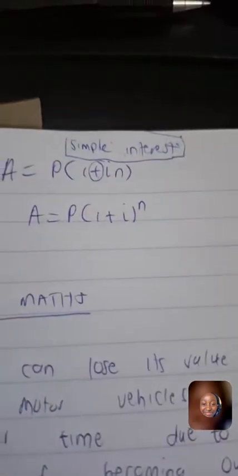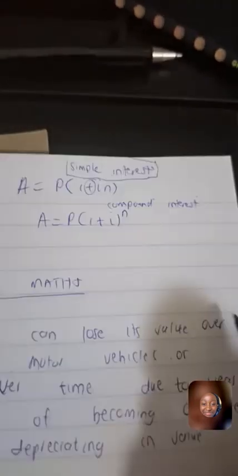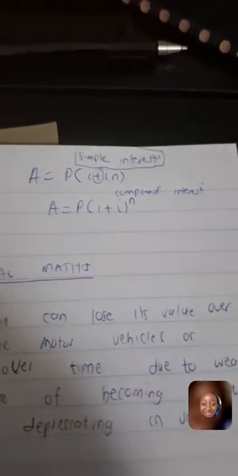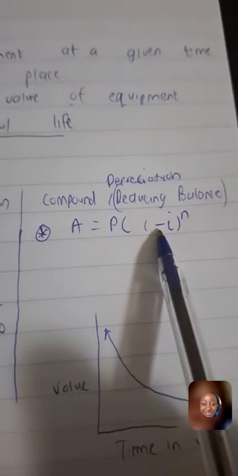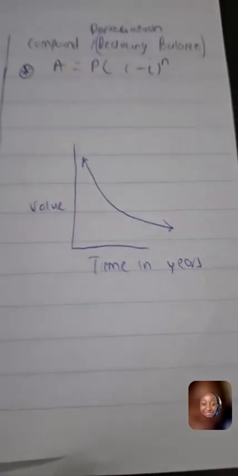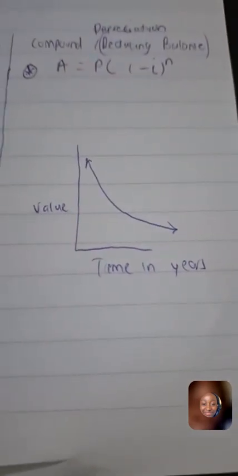So this is something you need to take note of. Simple interest and compound interest have a plus, whereas straight line depreciation and compound depreciation have a subtraction sign. We're together? Oh, yes, sir.